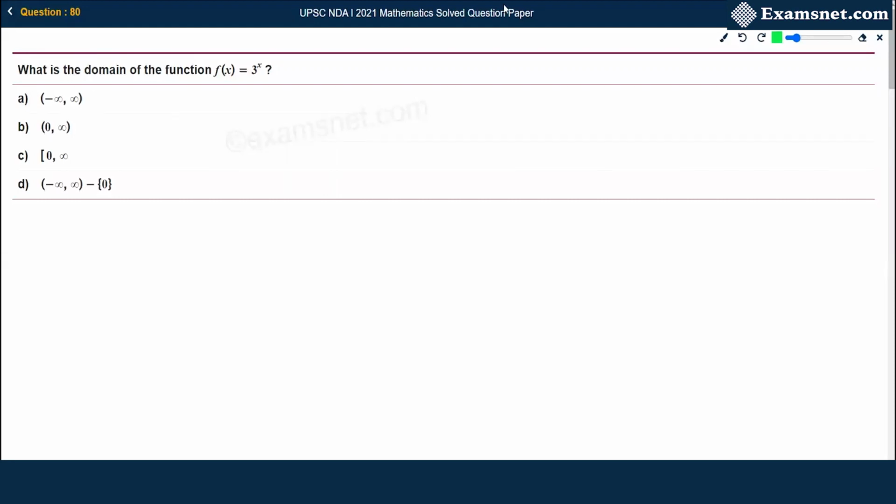In question number 80, it is given, what is the domain of the function f of x equals 3 to the power x? First of all, let me tell you what is domain.